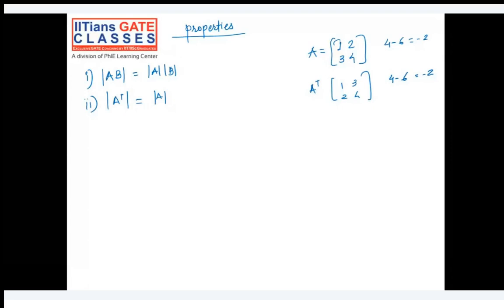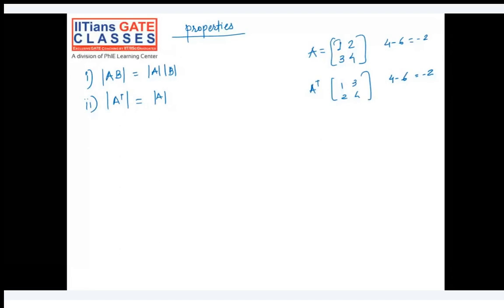From exam point of view, I would expect they'll ask you hardly 2 cross 2 or 3 cross 3. If we go to higher order matrices, calculating the determinants will take time, and I don't expect they'll ask this in exam.